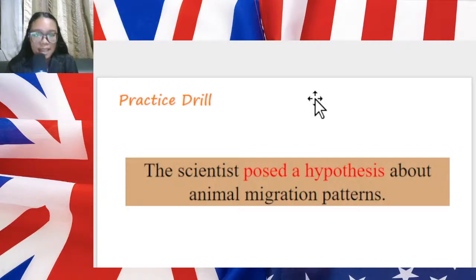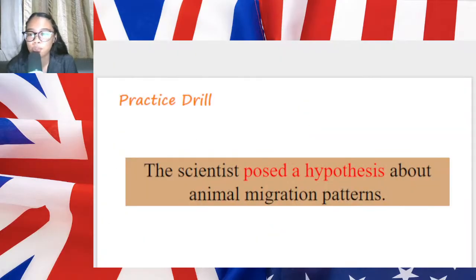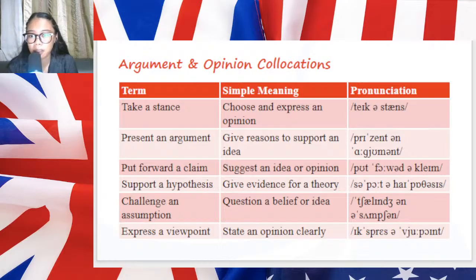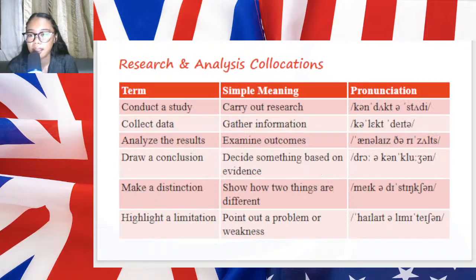And that is the last set of phrases for academic collocations. All right. So for the whole two sessions, we've discussed academic collocations where we included five sets of collocations, starting with argument and opinion collocations, followed by cause and effect collocations, and then research and analysis collocations.